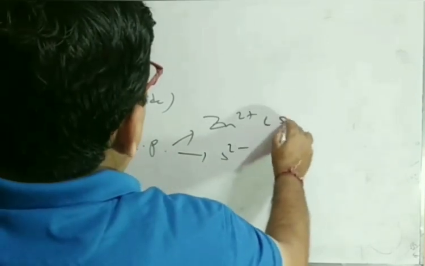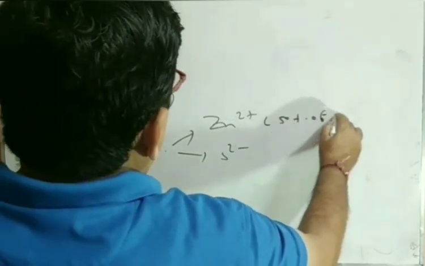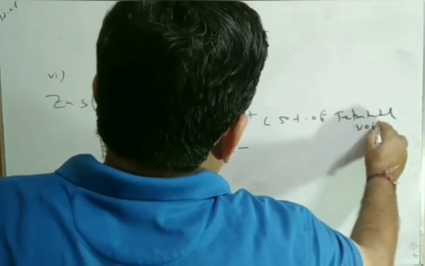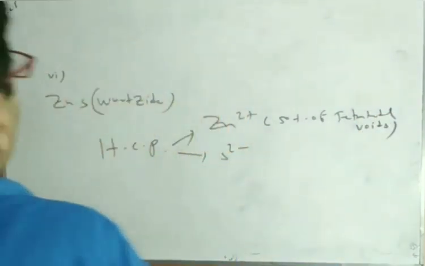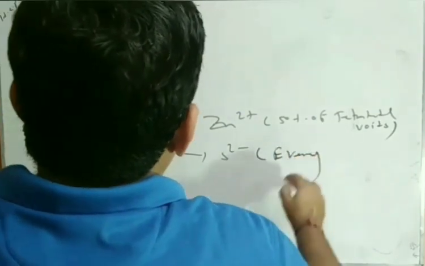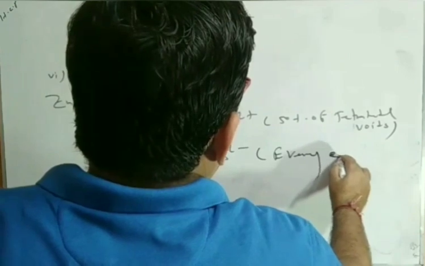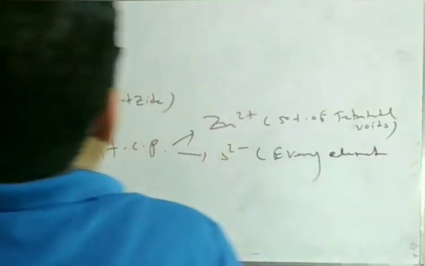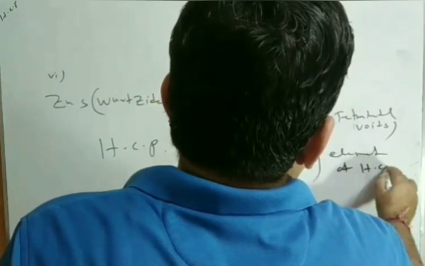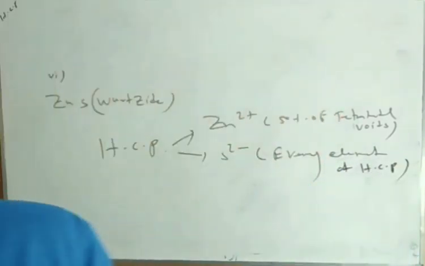These occupy 50% of tetrahedral voids. And this becomes every element at HCP, hexagonal close packing.